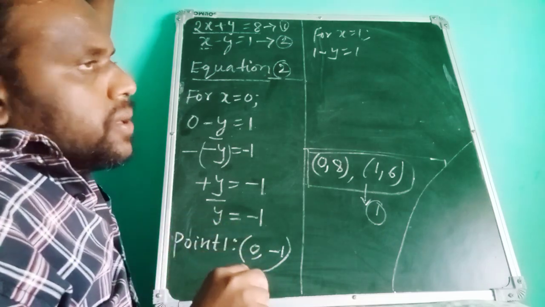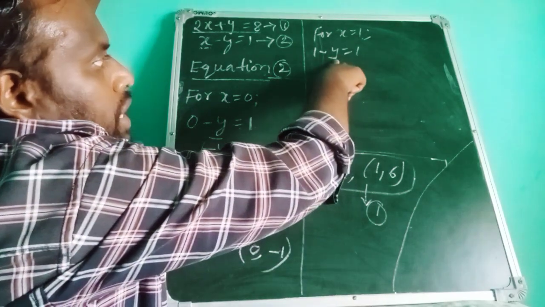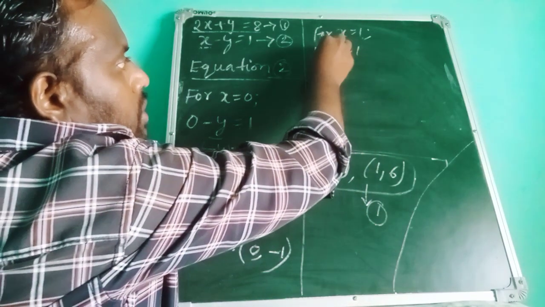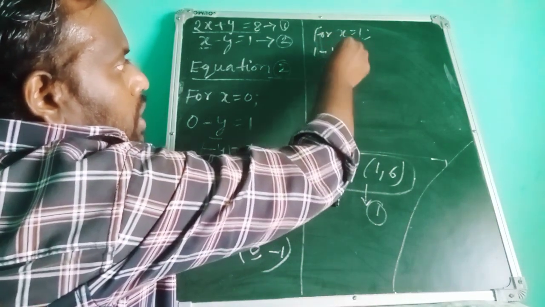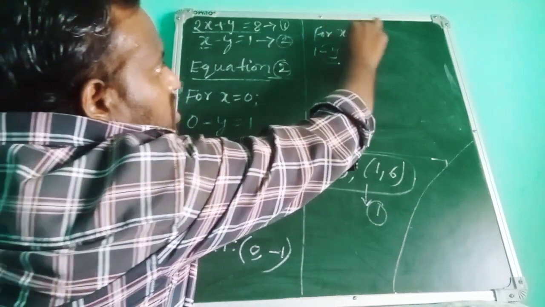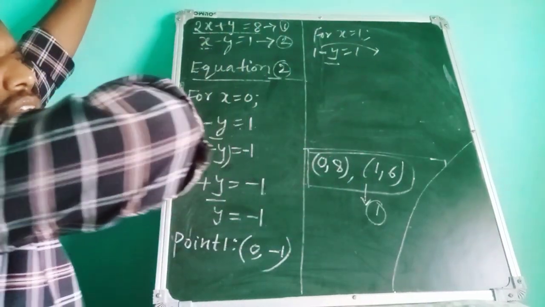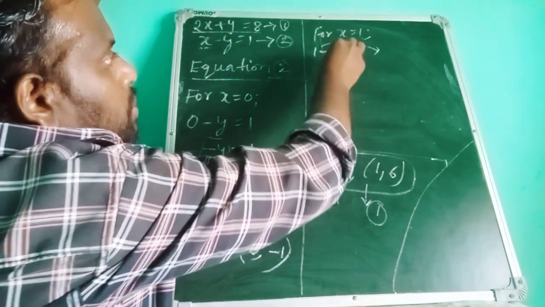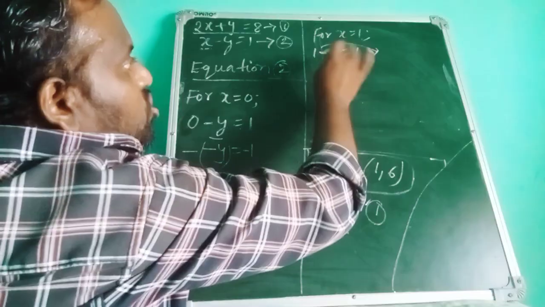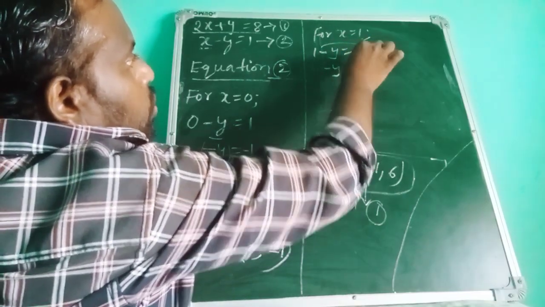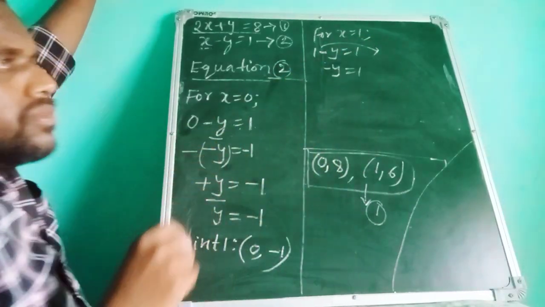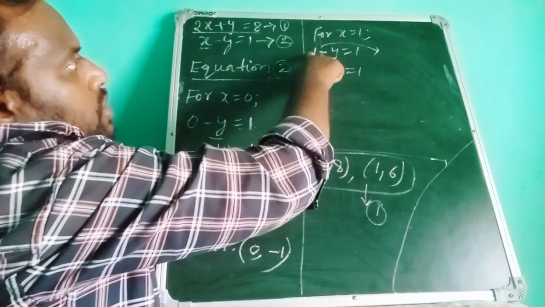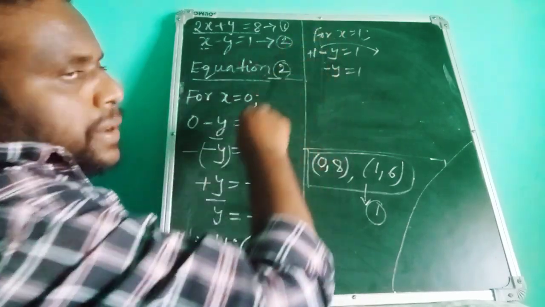Now see, we want y, so keep the y term here only. That means minus y you keep here only. You move this number to this side. So before moving, in the next step, you write this minus y is equal to 1. Here nothing is there, which means plus is there.